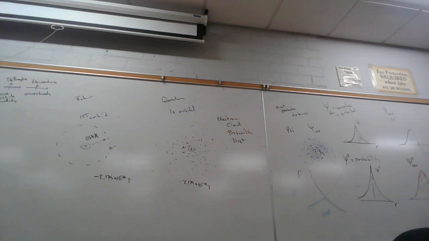And so we'll put the nucleus here, and we're going to have a probability out like this. It's going to have the greatest probability a little bit distant from the nucleus. And out like this.